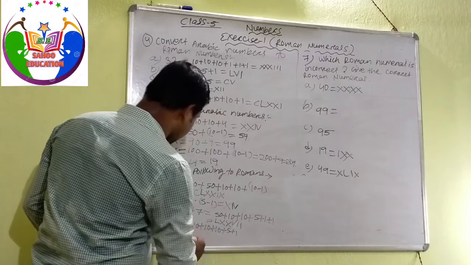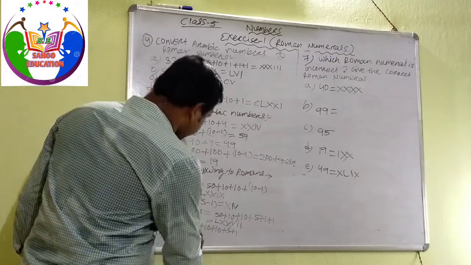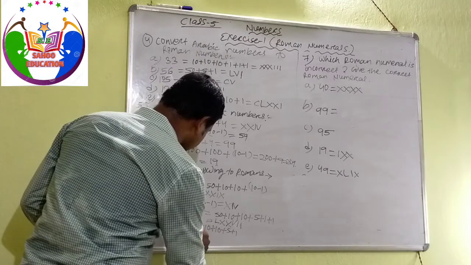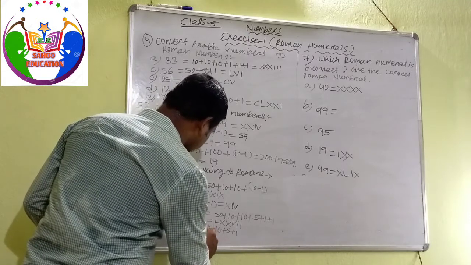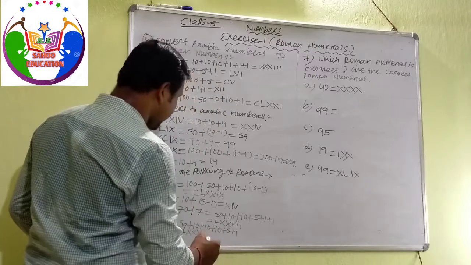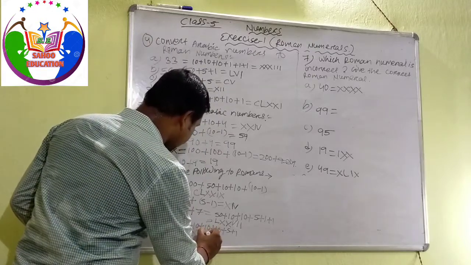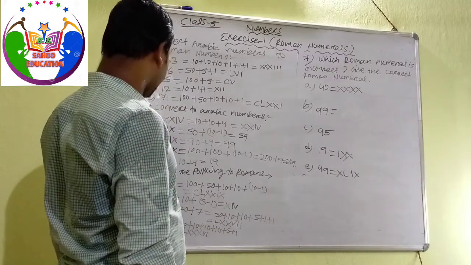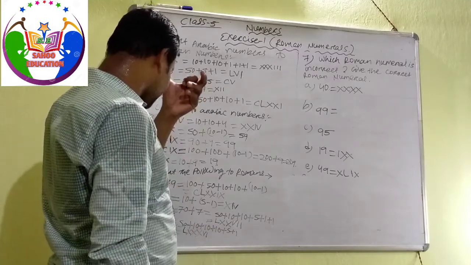So we'll represent 50 as L, 3 times 10 is given, so XXX, then 5 is V, and 1 for I. LXXXVI is for 86.